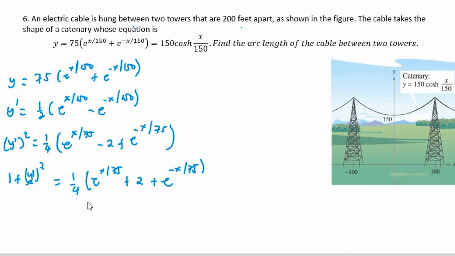This gives us a perfect square trinomial, so we factor it. It becomes the square of a binomial: 1/2 times e raised to x over 150 plus e raised to negative x over 150, squared.